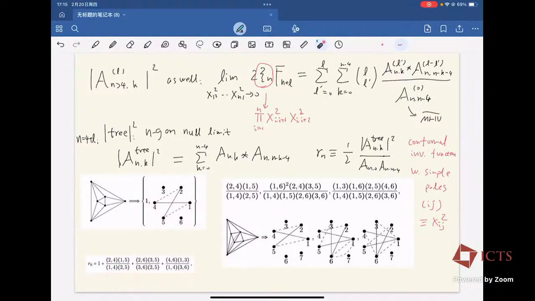And for 7 point, you start to see more interesting cross ratios. I mean, they are the 7 point NMHV squared and so on. So what I mean before is that if you compute the whole chi level squared and find some limit to send all these cross ratios to 0 and leave only the constant piece, that constant piece has to be the Catalan number, with alternating sign at every even point.